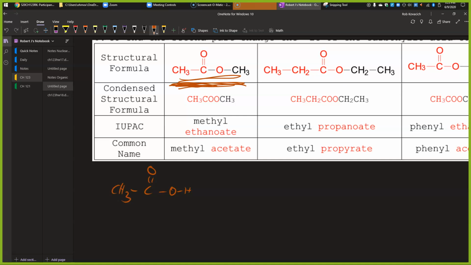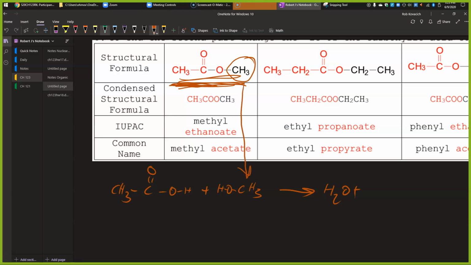So I started with this carboxylic acid, and what did I react it with? Alcohol. Okay, so I've got an OH. Great. What's attached to it? Just a CH3. How do I know it's just a CH3? Because there's only a CH3 here.